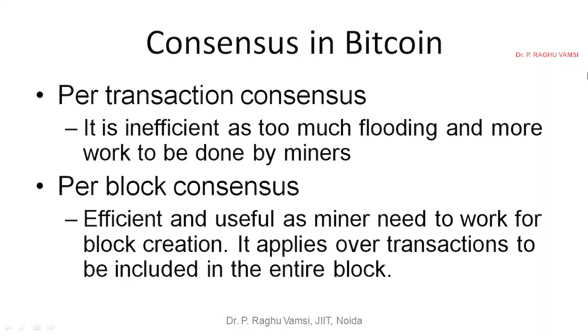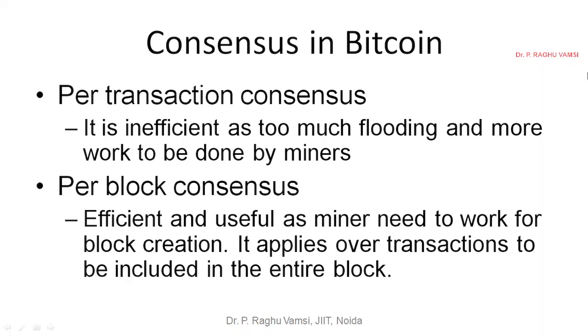There will be a certain time. In that time, that block will be created by getting the transactions which were generated in that duration. So it is somewhat efficient and useful, as the miner needs to work for block creation. It applies over the transactions included in the entire block.